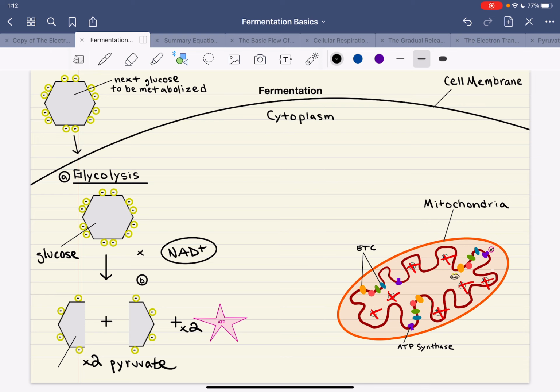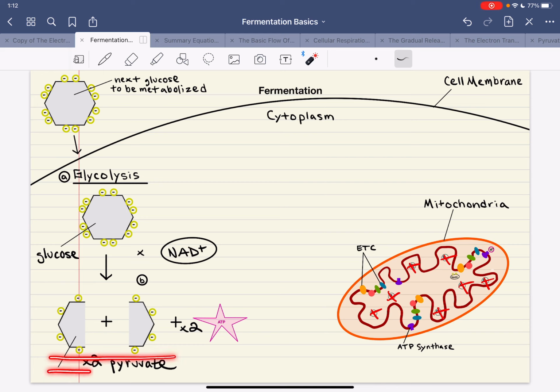Now there's one other thing I have to say. What becomes of this pyruvate once electrons have been added to it? Does its name change? Does it become a different molecule? Is it relevant to humans? Yes, to all 3. It's not relevant to the yeast or the bacterial cell. Okay?